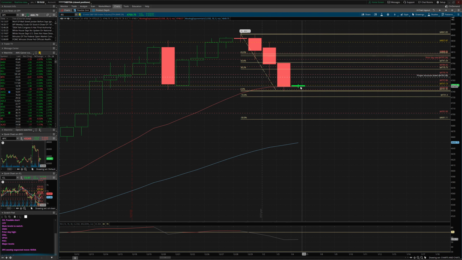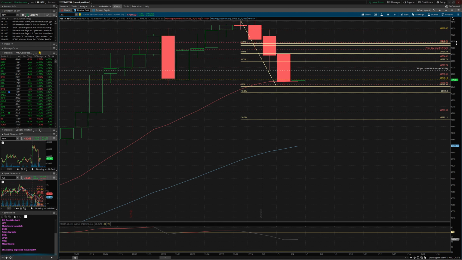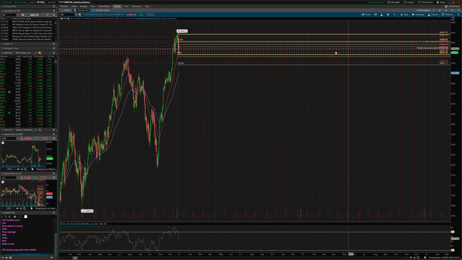If this end up holding. If we don't, it's just a liquidity grab to go higher. My aim will be towards any kind of fib retracements anchoring from this high to this low. So any long setups will be targeted into 47.79, 47.91, and so forth. Okay, that'll be the idea.